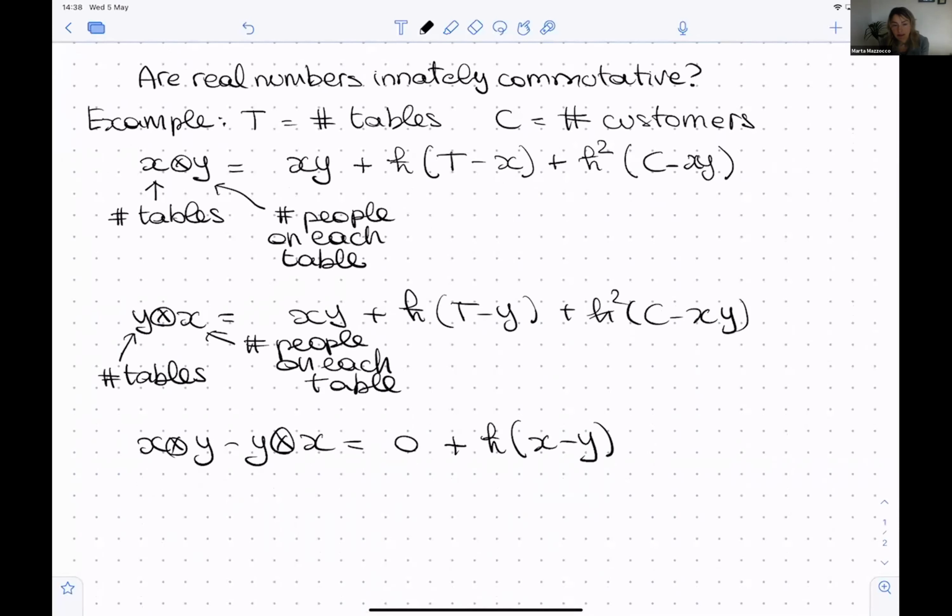And so my answer is that no, real numbers are not innately commutative, because in fact we can always think of the product of two numbers telling us the number of objects in how many groups. So when we say to children, if I have 5 apples in 3 baskets, how many apples do I have? Well, I have 15, but they are divided in groups of 5 in each basket.